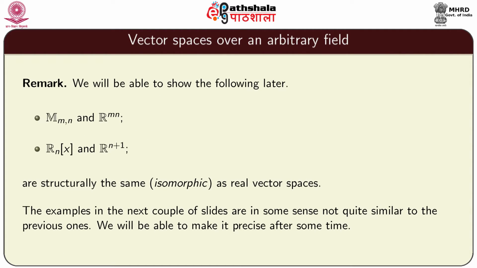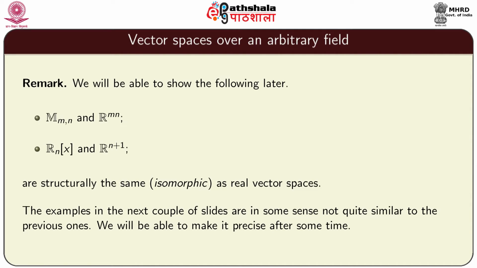Now, this is a very important remark which we do not want to explain now, but at least it is a good place where I can tell you that this set of all m cross n matrices over R and R to the power mn, where R to the power mn means the collection of all mn tuples with real entries, are structurally the same, or formally, which will be called isomorphic as real vector spaces.